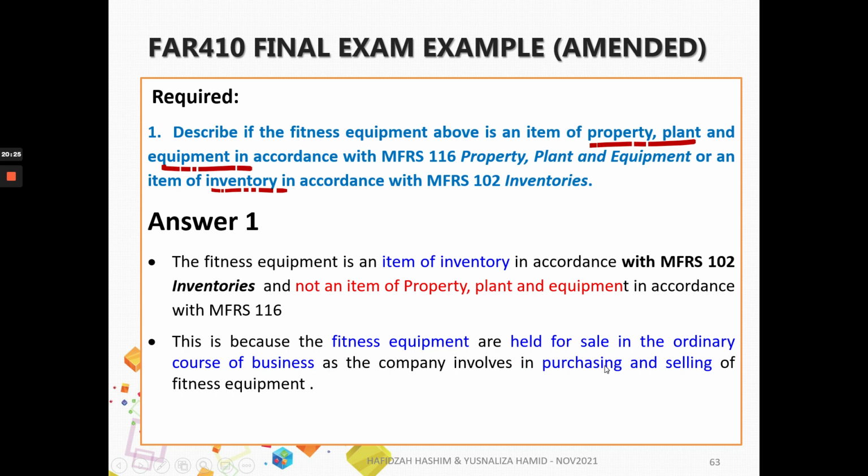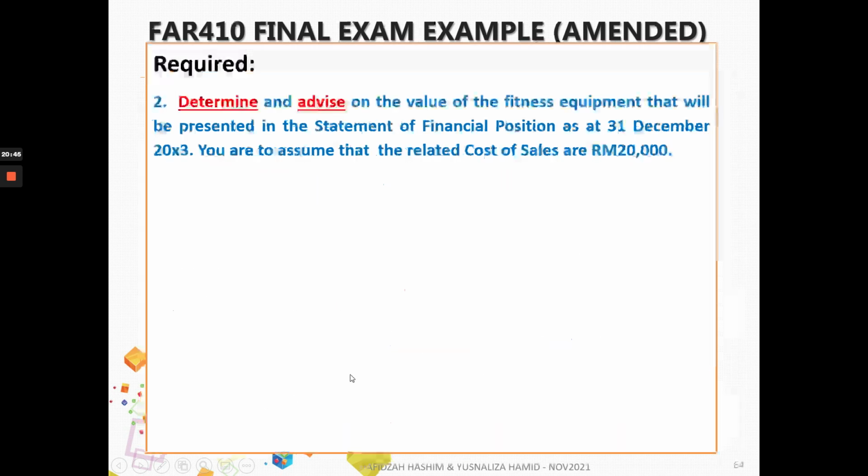The company is involved in purchasing and selling the fitness equipment. The fitness equipment is not held for use in the supply of service. That is not the operation of a gym where you have the equipment as one of the PPE, but that was actually the business of the company selling fitness equipment. So that is why it is an inventory.